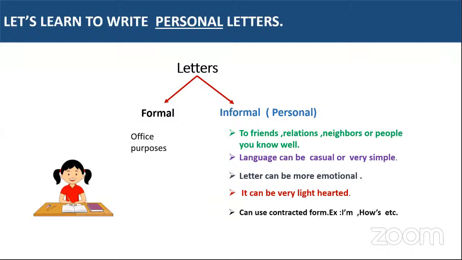Shortened form. I am කියන එක කෙටි කරලා යොදා ගන්න විදිය ලියන්න පුළුවන්. How is කියන එක කෙටියෙන් ලියන්න පුළුවන් how's කියලා. So if I recap the things that you have to know, you must know.